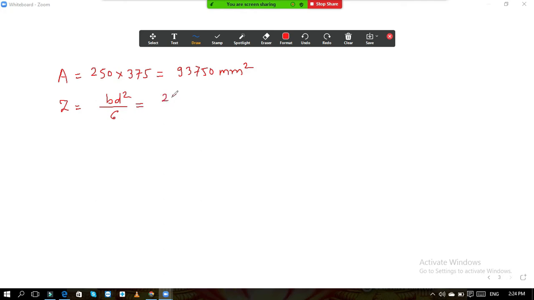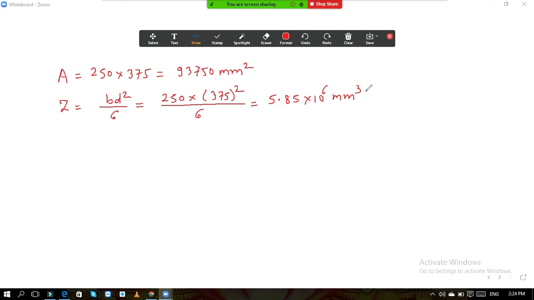So B is 250 into 375 square by 6. It is 5.85 into 10 raised to 6. Please check the calculations.